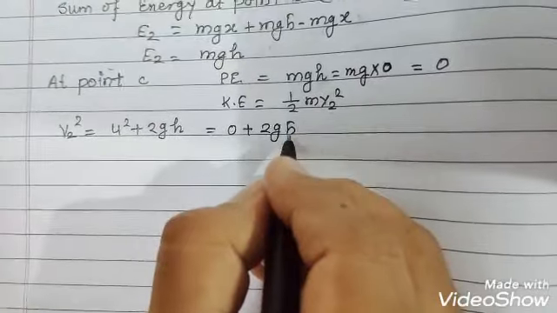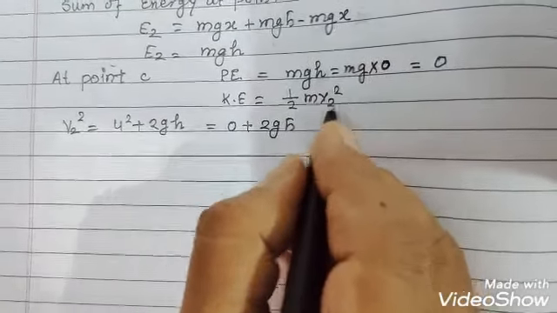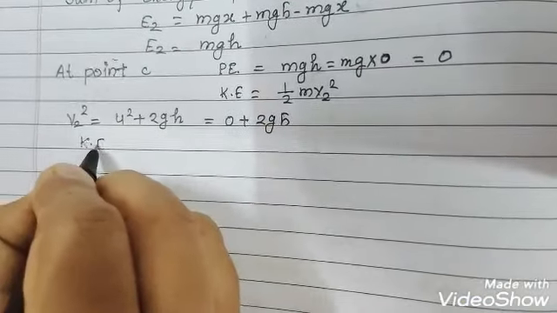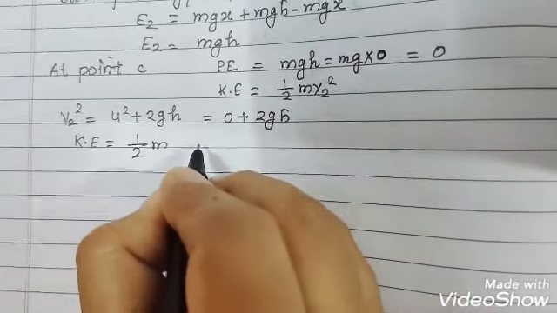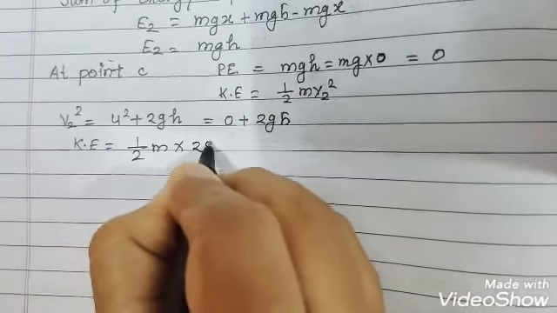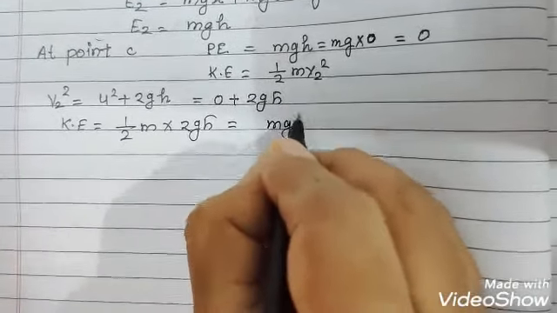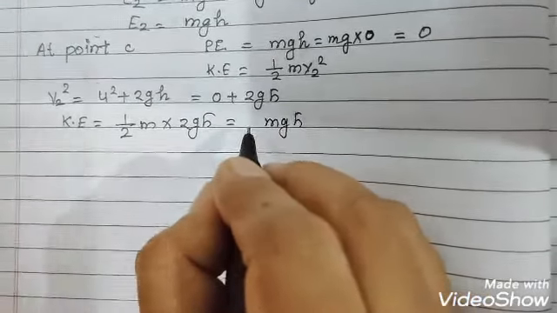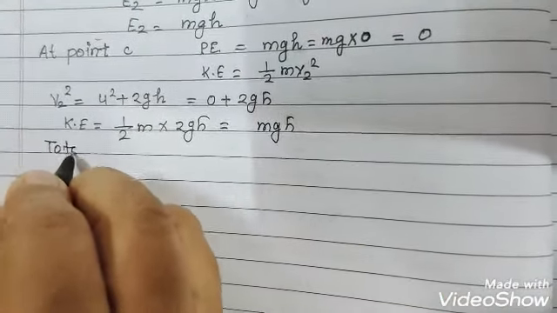Now we'll put the value of v2 square in this kinetic energy formula. The kinetic energy at this point will become half m times 2gh, 2 will be cancelled and it will become mgh.